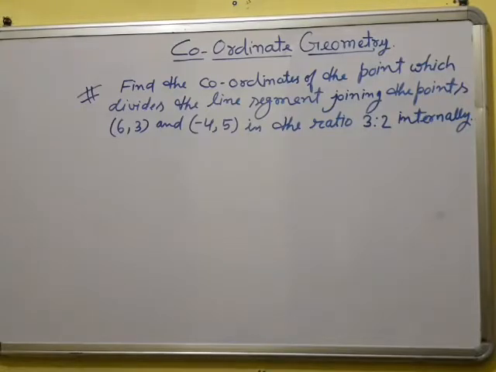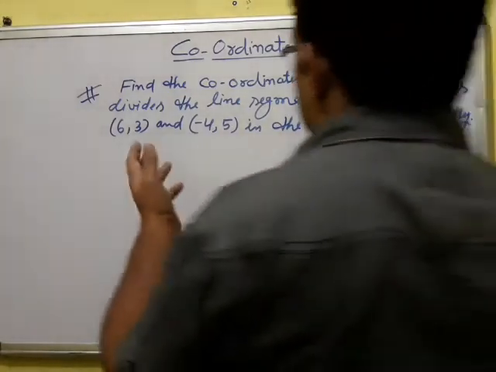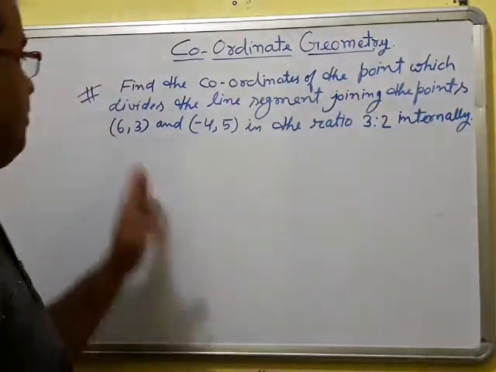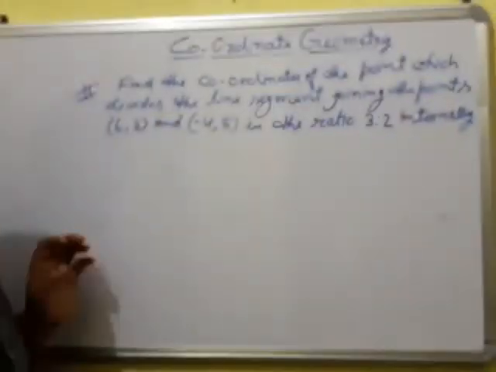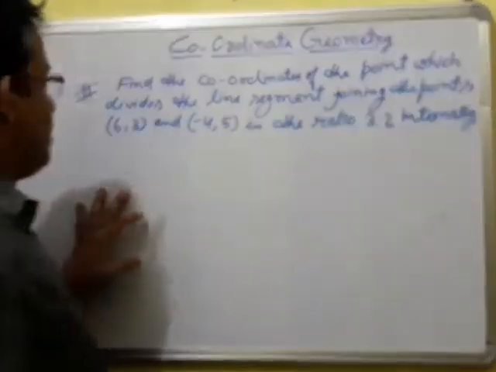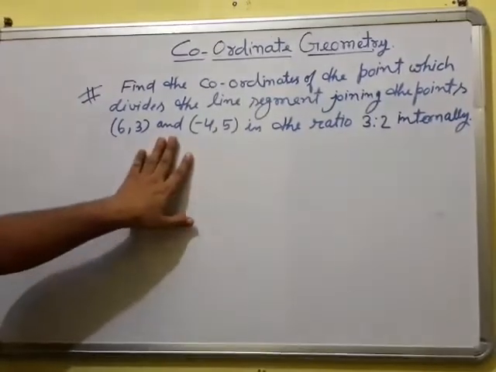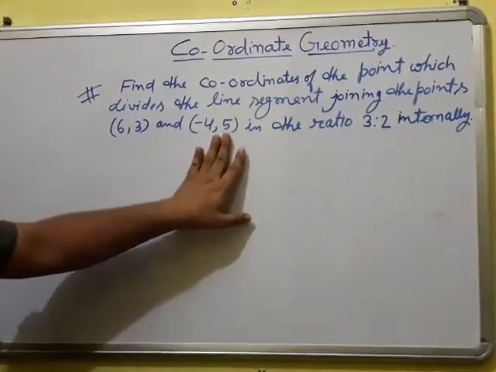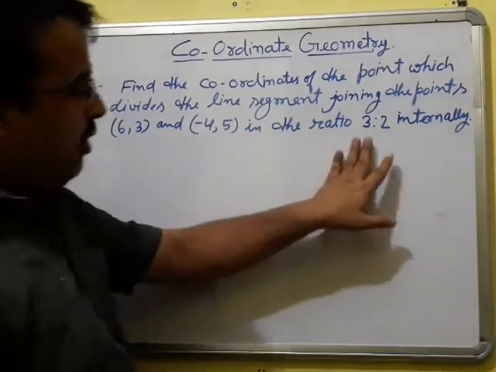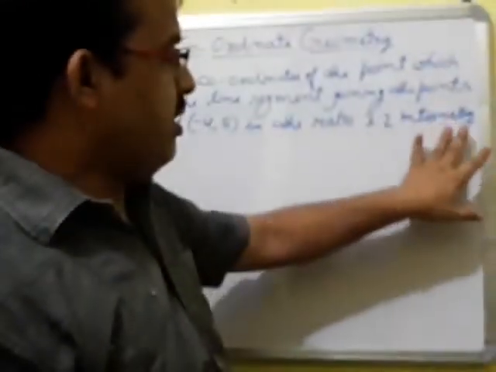The question: find the coordinates of the point which divides the line segment joining the points (6, 3) and (-4, 5) in the ratio of 3:2 internally.